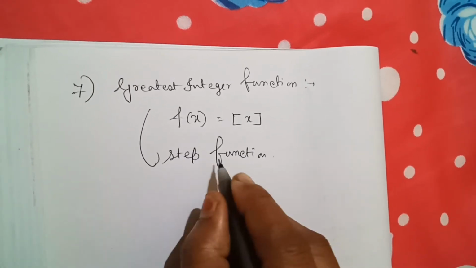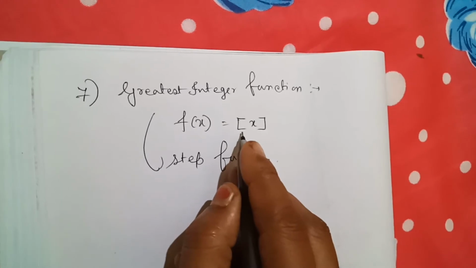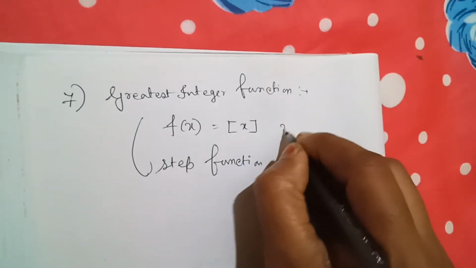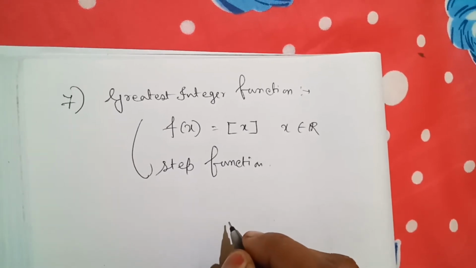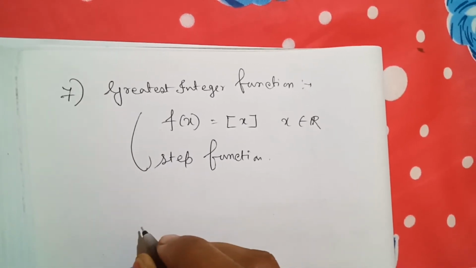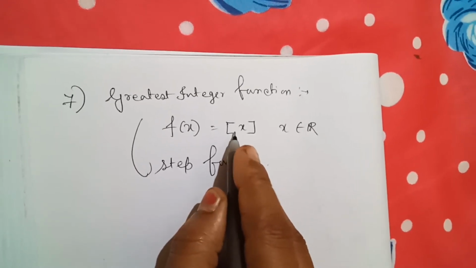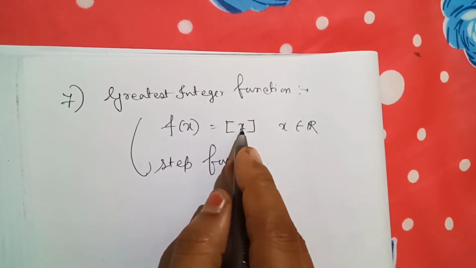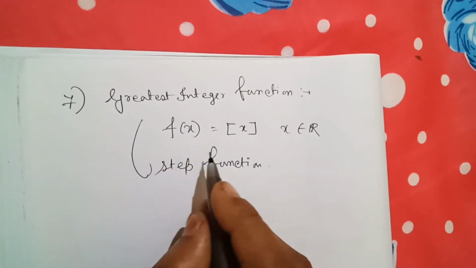Now this will be defined like this: f of x equals box x, where x belongs to capital R, the real number set, assumes the value of the greatest integer less than or equal to x, and such a function is called the greatest integer function.